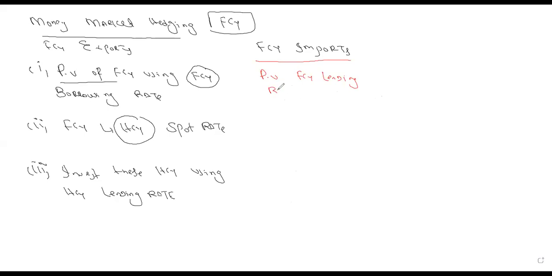Here we will use the lending rate. Then again, the second step is the same. You will convert your foreign currency into the home currency. And now, as first we are lending, here you will borrow, and borrow using the home currency borrowing rate.